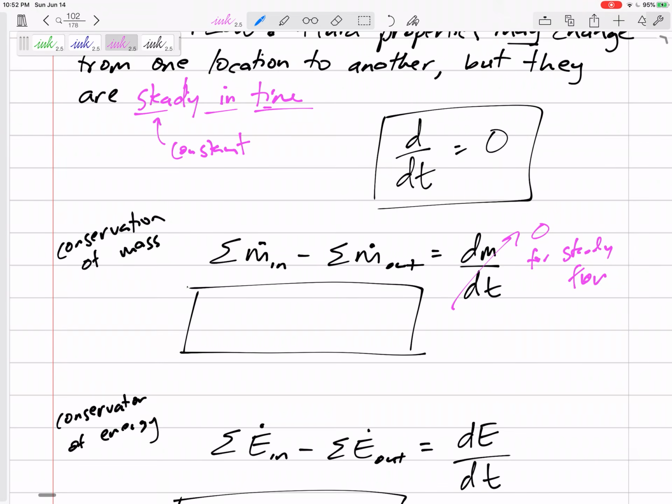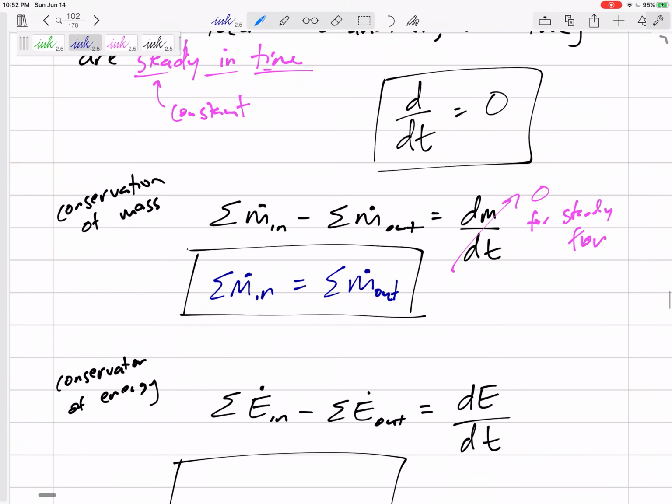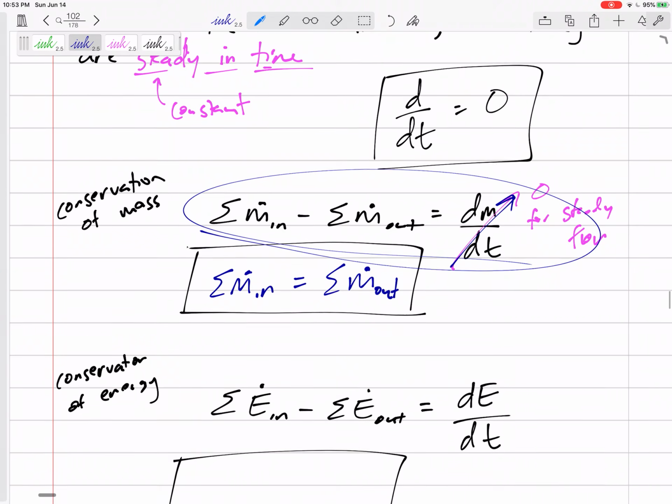Do you mind if I take that m out to the other side of the equation? So now the sum of all the m in equals the sum of all the m out for steady flow devices. If you write that equation on your formula sheet or note card, make a note: steady flow devices. Or you can start here, know it's steady flow, and then you've got that equation.